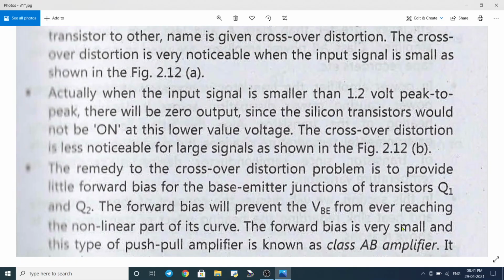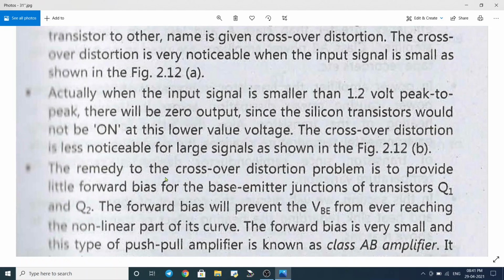Now let us discuss the remedy. Remedy means the solution of the problem, how to overcome the problem. The remedy to the crossover distortion problem is to provide a little forward bias for the base emitter junction of transistor Q1 and Q2.